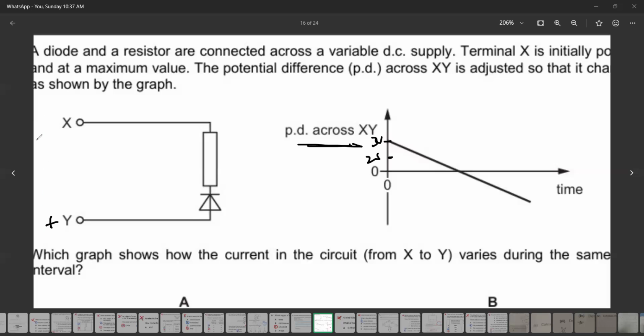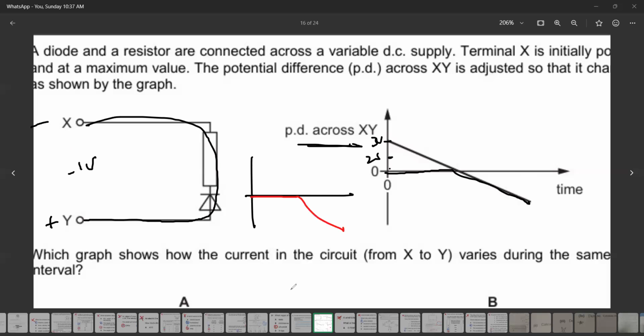Now Y is positive, X is negative, and it's -1 volt. Why -1 volt? It means the direction has reversed, so now the diode will start to conduct. That's why the graph for a diode, first it was zero current and then the current starts to flow.